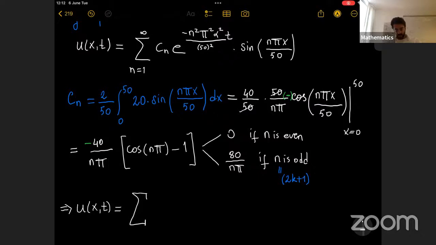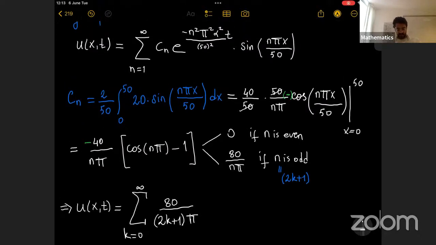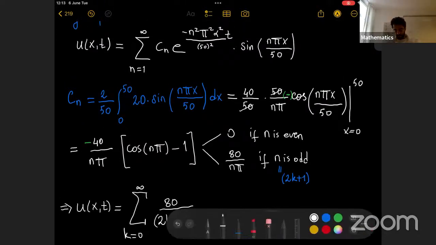So instead of nπ, I will write (2k+1)π. When k is any number, you will get odd numbers for 2k plus 1, right? So k is from 0 to infinity. This is C_n.